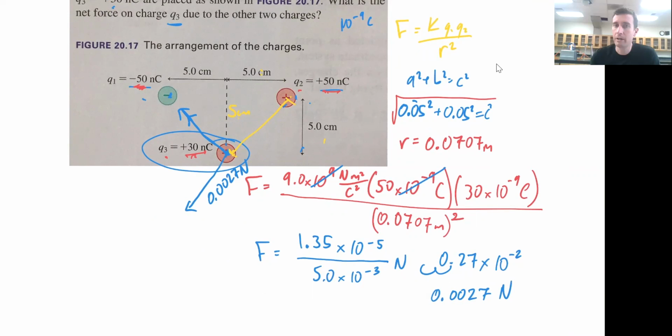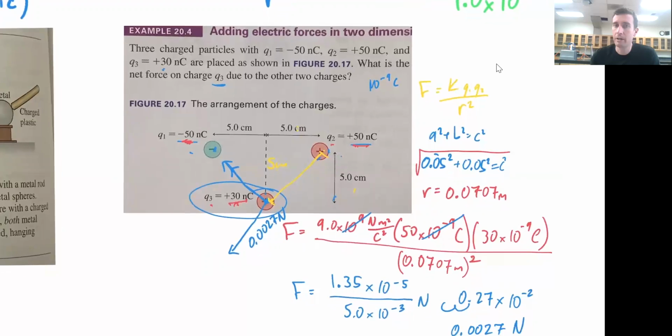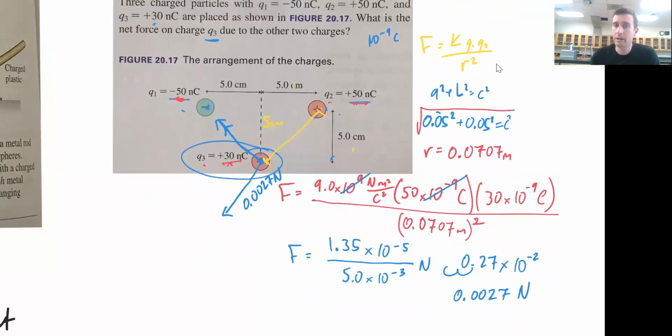Now we're trying to figure out the net force on charge 3. So when I take these two and I'm going to draw them out so that I know that I've got those arrows, but that is, if I draw the components, each of them have these components, a horizontal and a vertical component. And since the two legs are the same, I know that that angle is 45 degrees.